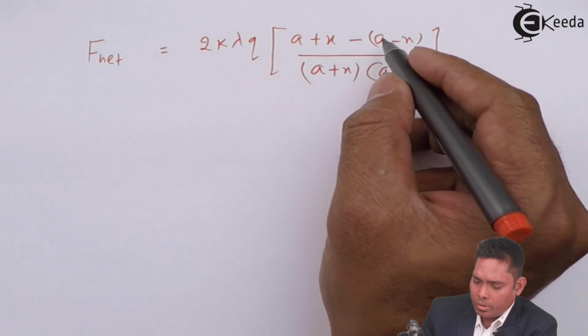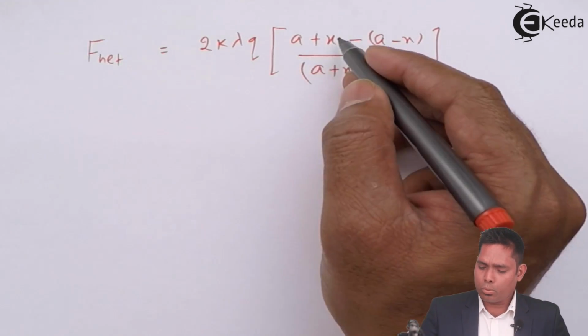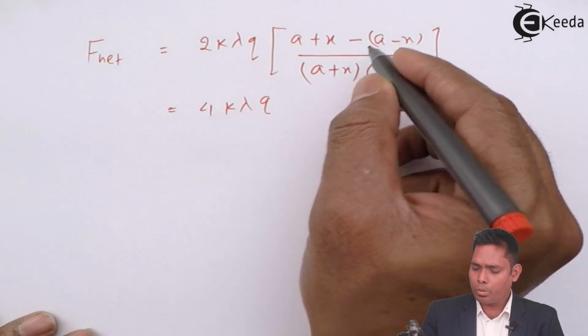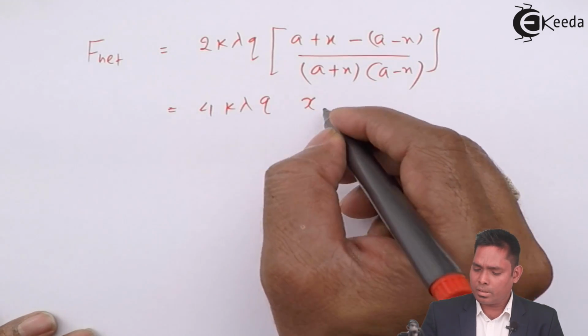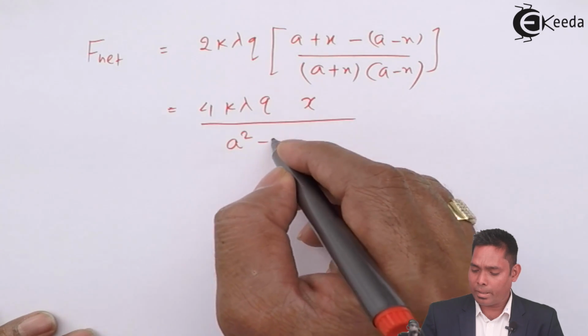Now, if I open this, then the a will cancel out and the x will be positive 2x. So it will become 4k lambda Q x, because from this 2 will come and 2x will come, divided by a plus b times a minus b, which is a square minus b square.